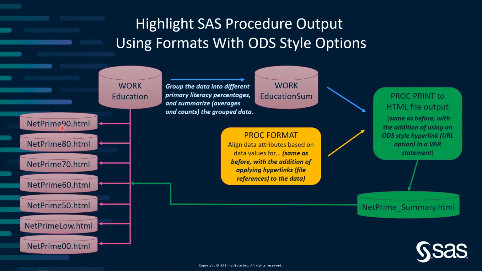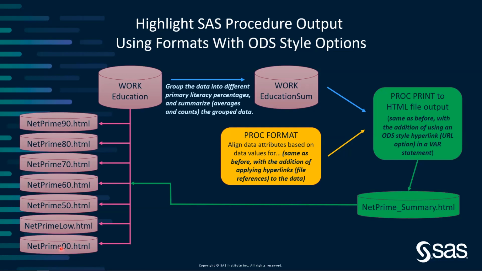And so any country that has 90% or above, I want that to go into this report, net prime 90. For 80 up to but not including 90%, I want it to go to this HTML report, net prime 80, and so on. The prime 00 is for all of those rows where I had missing data for both school percent columns.